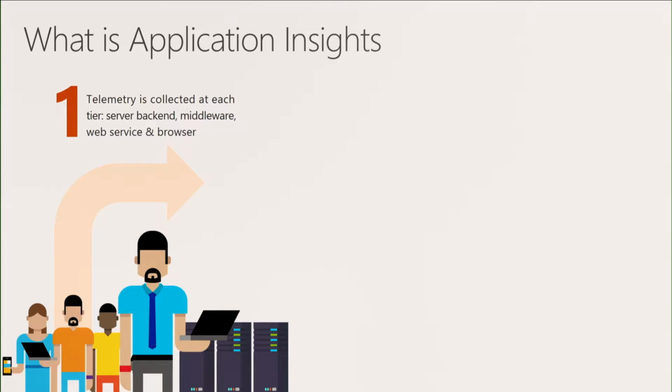We collect data from each tier of your modern application, be it server backend, middleware, dependencies, even the client-facing front-end or APIs. Most of this data is collected out of the box. You don't have to write a single line of code, and you can collect all sorts of performance metrics, dependencies, logs, and various other data points. We do have an SDK and an API surface area with which you can send custom events and instrumentation if you ever need.